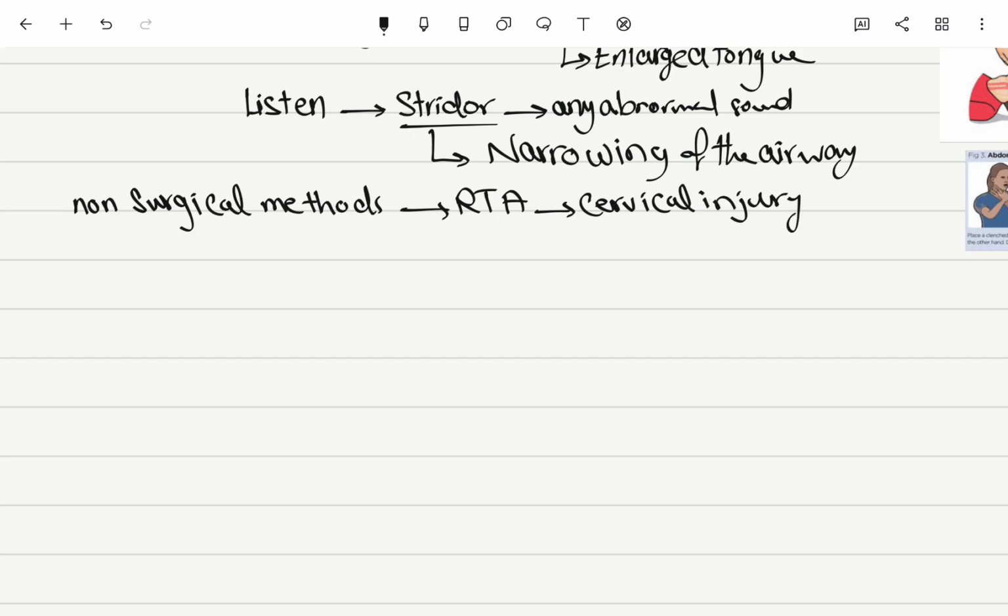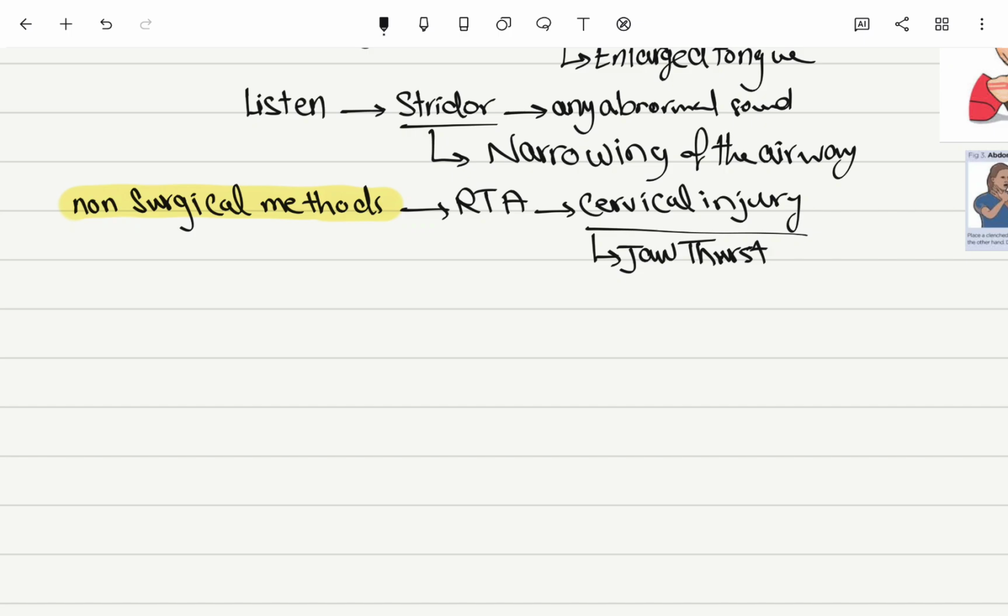So if there is cervical injury, I will use only something to open the airway, which is called jaw thrust.